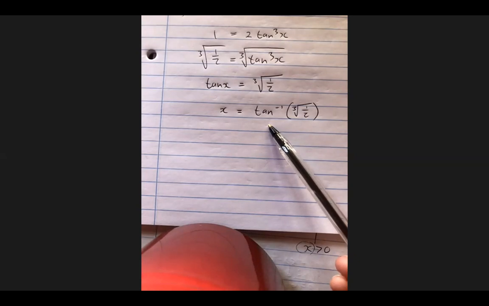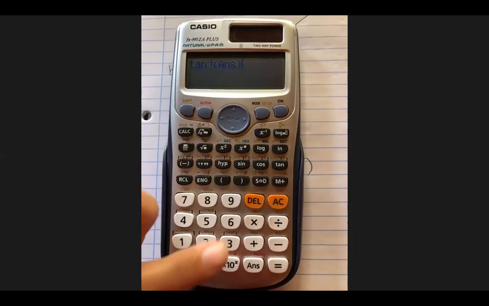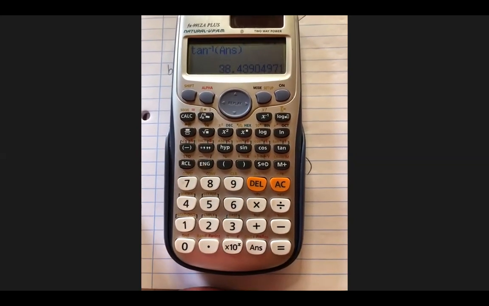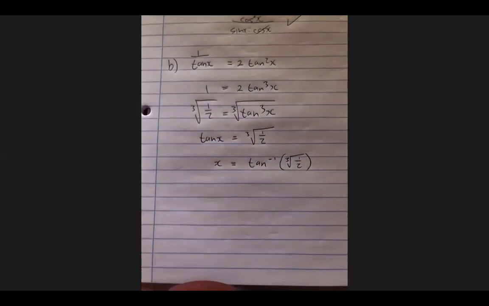We press shift tan, or arctan of answer. If that makes sense, let me just show you how I type that in. You press shift tan and then this button at the bottom here that says answer. And then we get a reference angle. Now that 38.43 is going to be my reference angle.